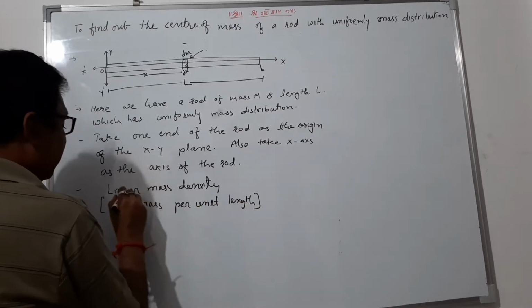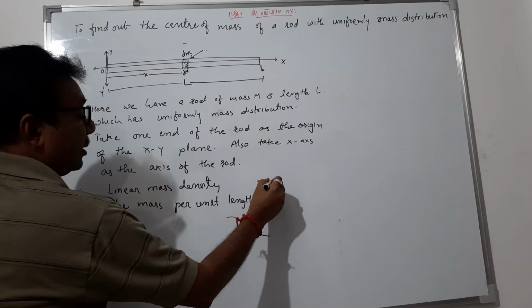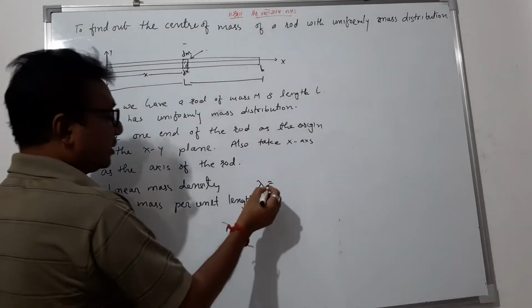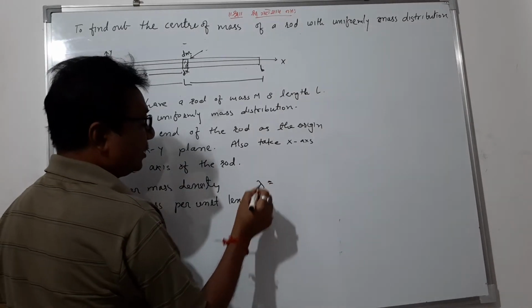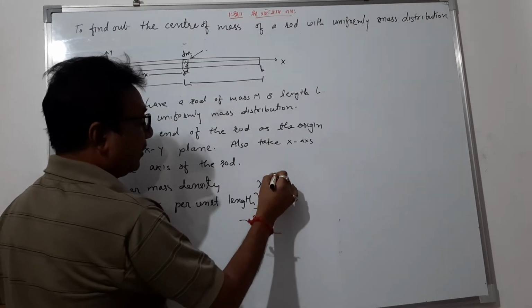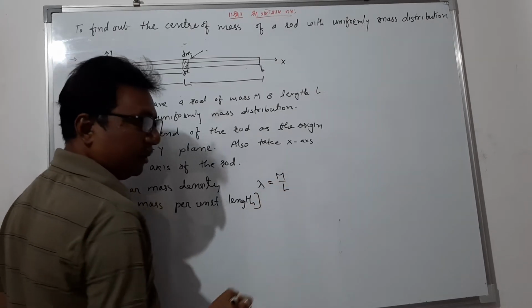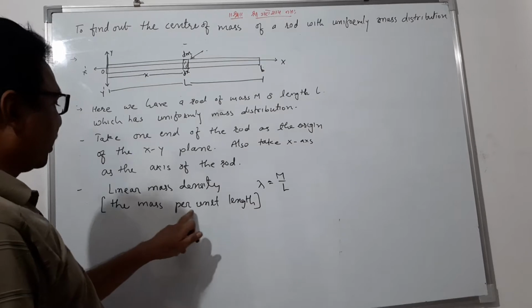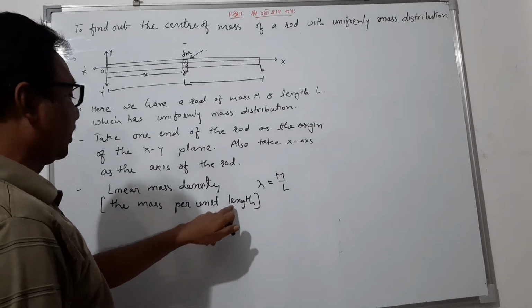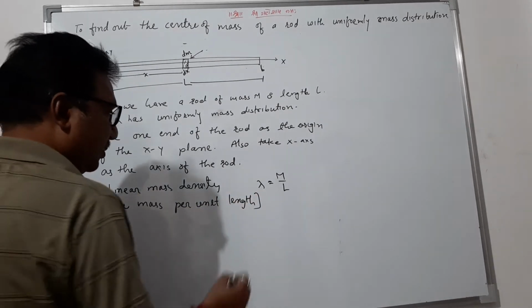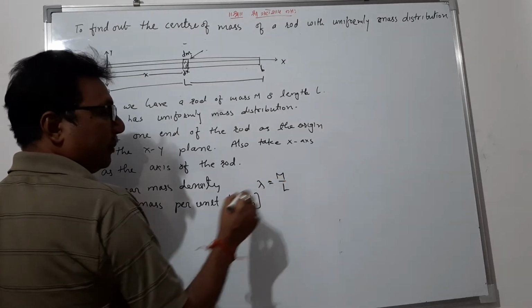Its symbol is lambda, and it is m upon L. The word unit is with length, that's why it is in the denominator. So lambda is equal to m upon L.